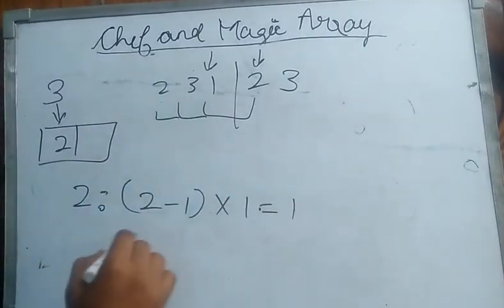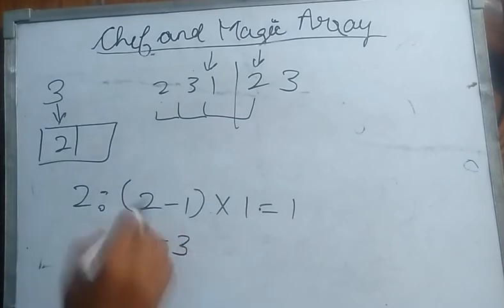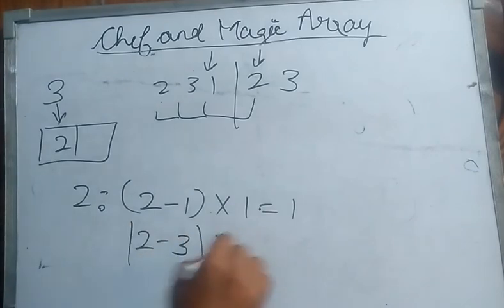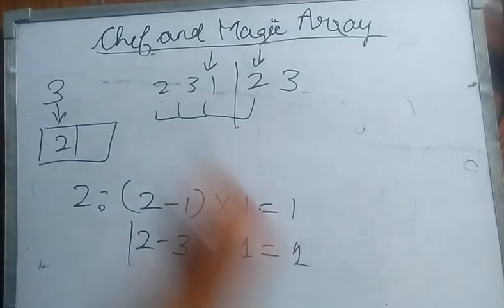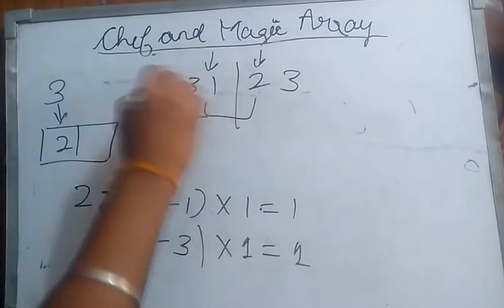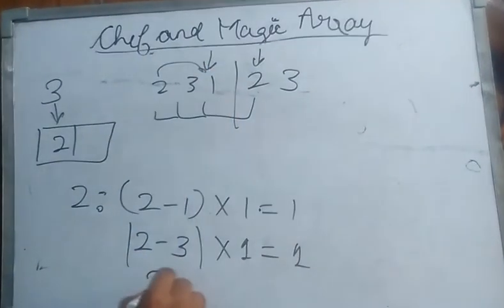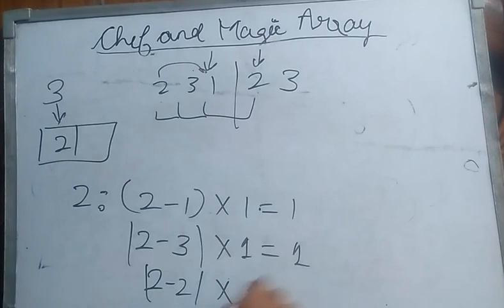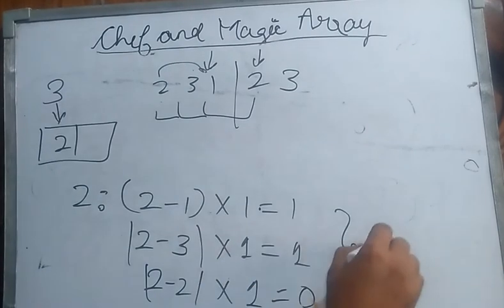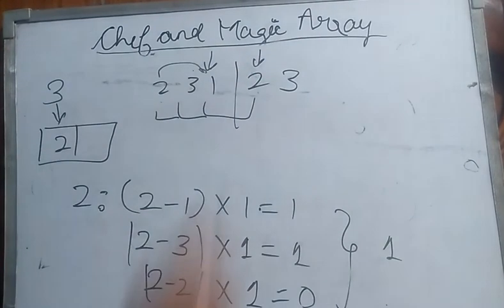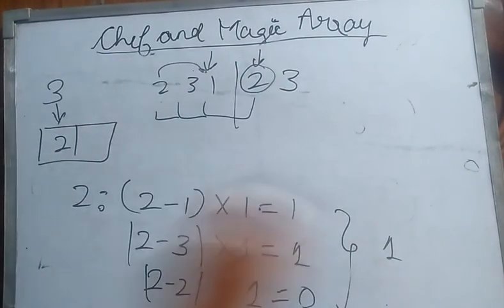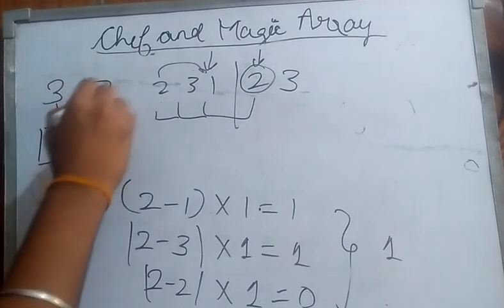Similarly, if 3 was on the left, we would have got 2 minus 3, we will take the absolute value, into 1, that is 1. And if 2 was on the left here, then we would have got 2 minus 2 into 1, that is 0. So what is the maximum among these? It is 1. So if 2 was on the left in this dish, the maximum value we would have got was 1. I will also store this.